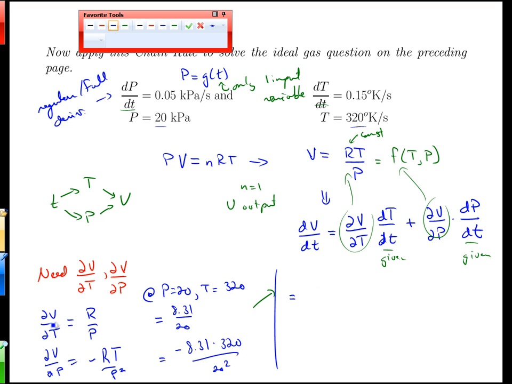dV dt equals 8.31 over 20 times 0.05, and negative 8.31 times 320 over 20 squared times 0.15. Notice what you're seeing here. This is T increases, which leads to a volume increase.